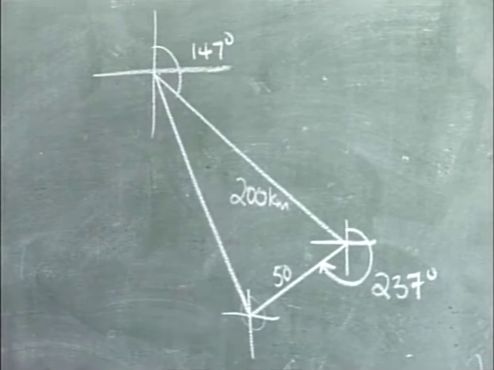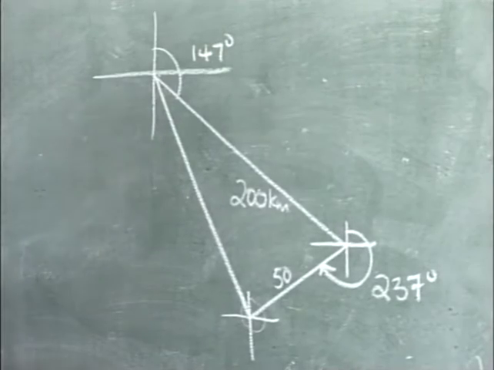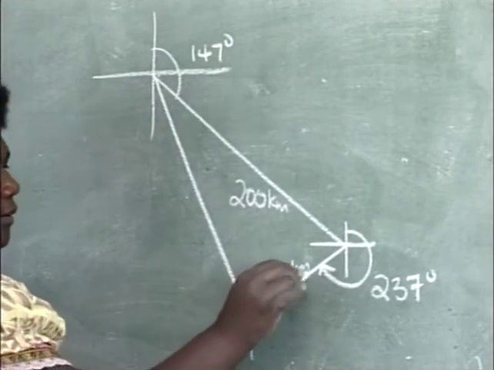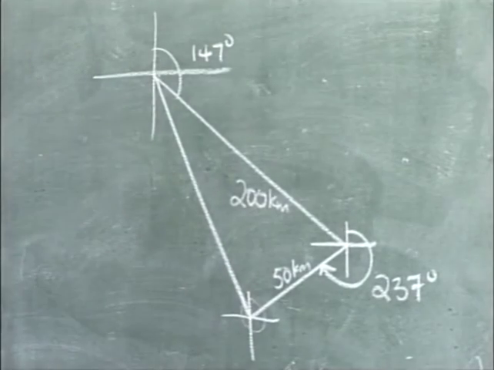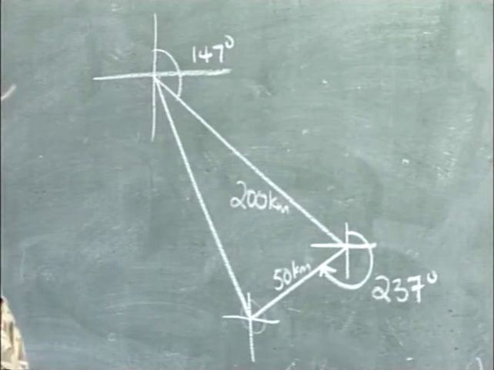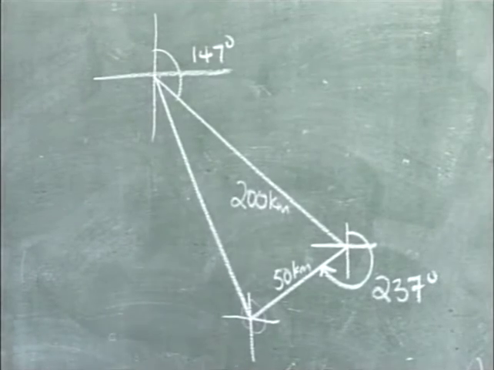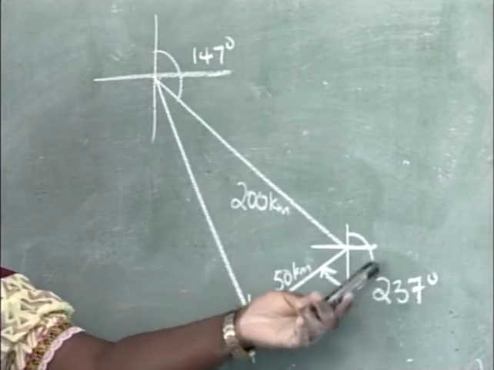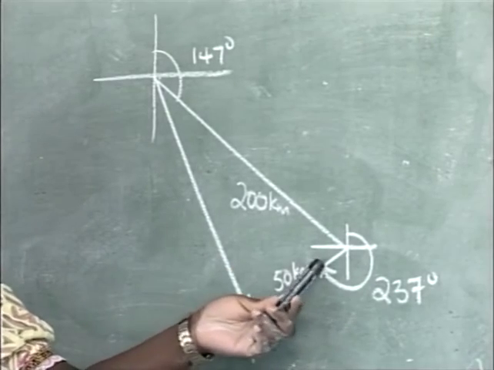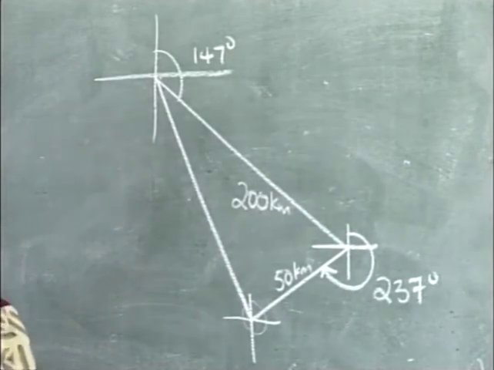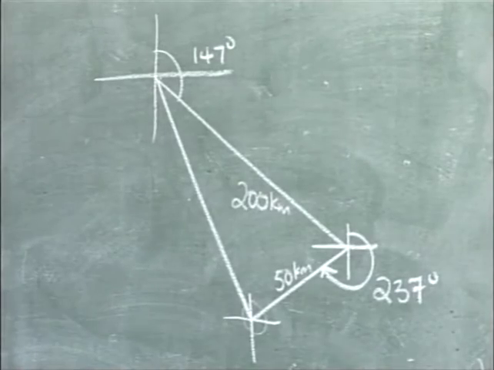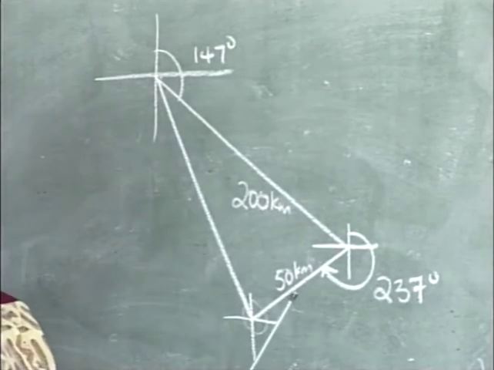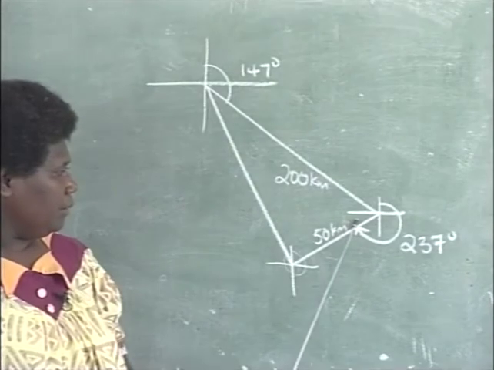Okay, have a look at the triangle that I've got on the board. If the direction here is 237 degrees, Solomon, what is this angle?